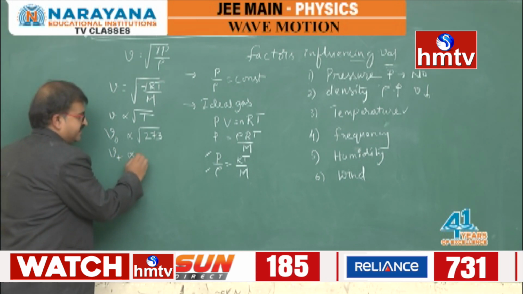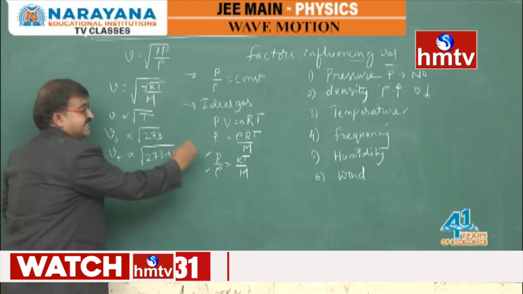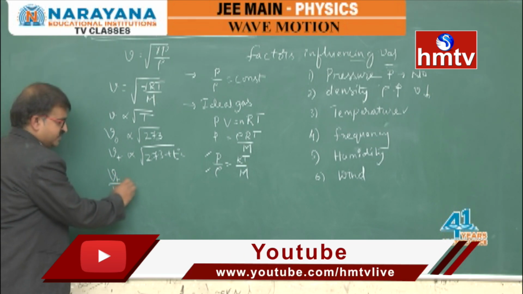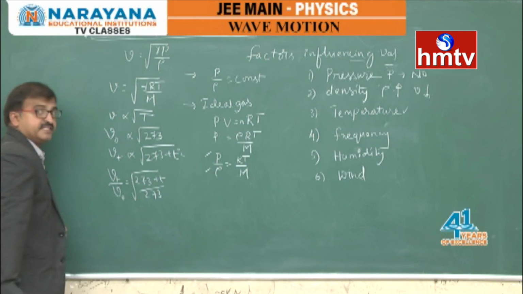At a given temperature, this is root over 273 plus t degree centigrade. So V at t by V naught is equal to root over (273 plus t) upon 273.